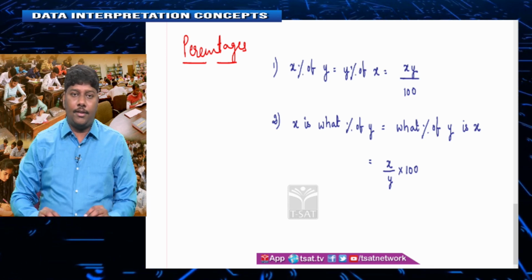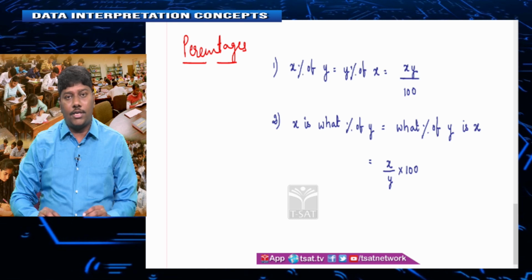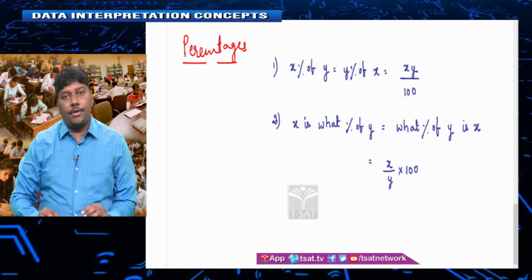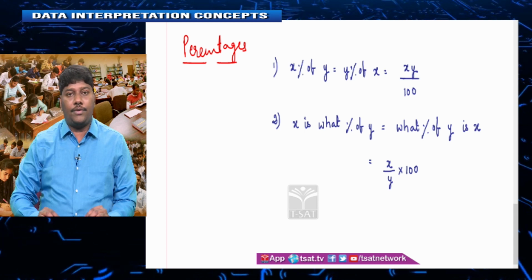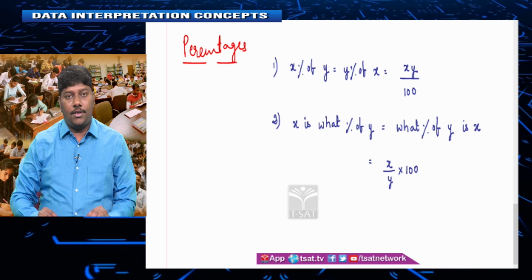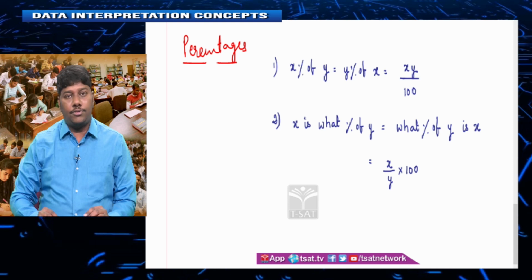Let's say your factory produces a certain number of cars in 2015 and a certain number of cars in 2020. They'll ask you: the number of cars produced in 2015 is what percent of the number of cars produced in 2020?